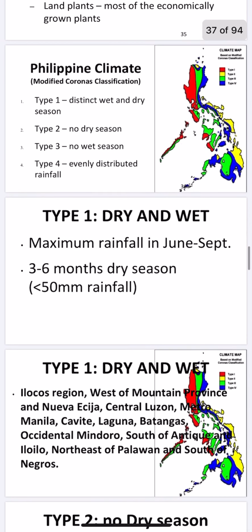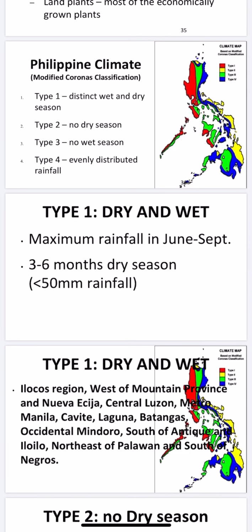In the Philippines as well, we have the so-called modified Coronas classification. The climate in the Philippines is divided into 4 types, although nowadays, because of climate change, this may be unpredictable. Climate may change anytime, anywhere.